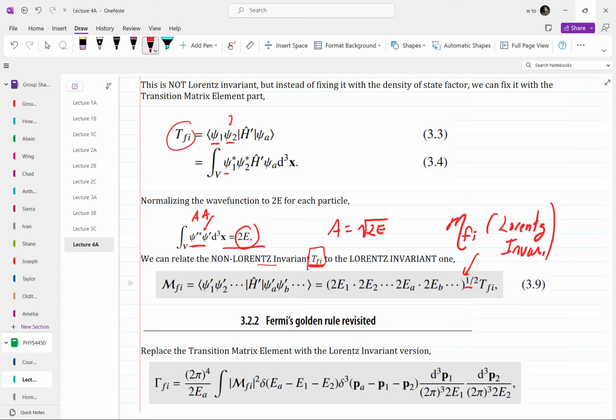Does that make sense? This is where I'm jumping a lot. I jump over this entire section, but we'll have one little homework problem on that, so you can show that if you normalize the wave function to, actually it doesn't have to be 2, it can be anything times E, you will get the Lorentz invariant.